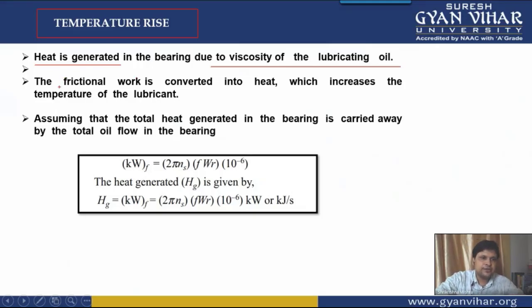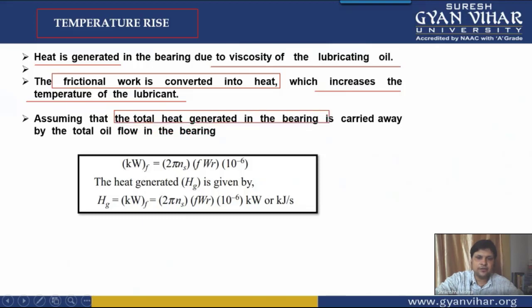This friction work is converted into heat, and this heat increases the temperature of the lubricant. So what will be the value of this temperature rise of the lubricant? This can be calculated because of the total heat generated formula, which we have seen in the previous slide.